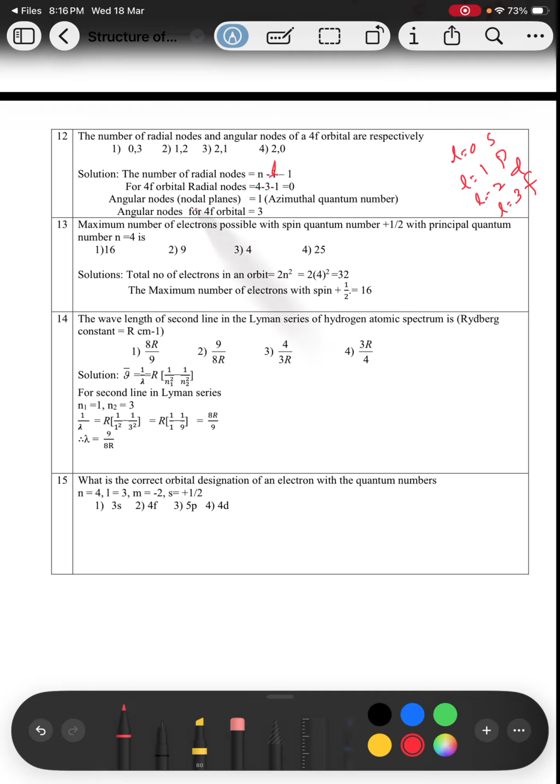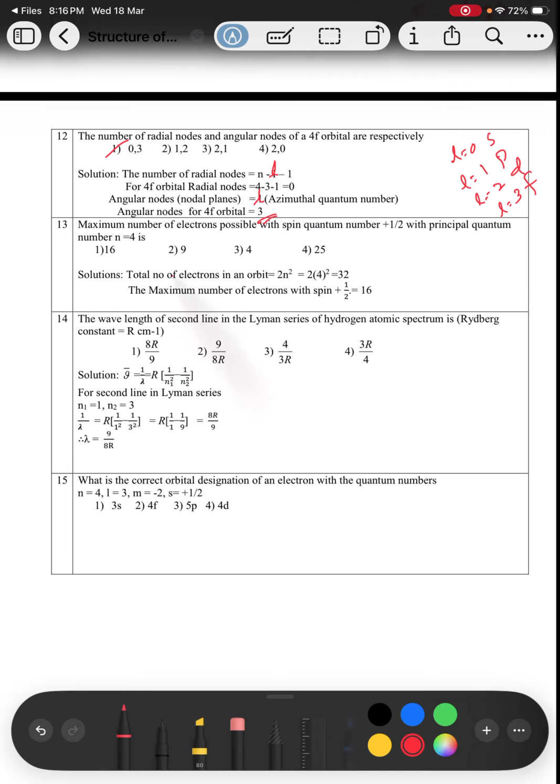Angular nodes are also known as nodal planes, that means where the probability of finding the electron is 0. So it is equal to the azimuthal quantum number. For the 4f orbital, the L value is 3. So the number of angular nodes or nodal planes is 3. So 0 and 3, option 1 is the correct one. Next, 13th one, the maximum number of electrons possible with spin quantum number plus 1 by 2 with principal quantum number n equal to 4.